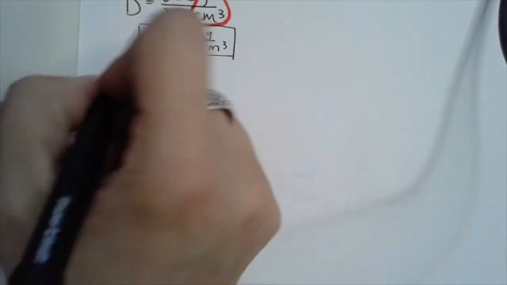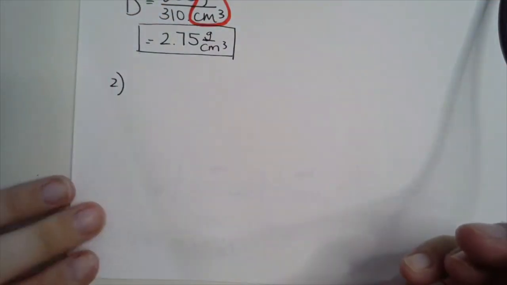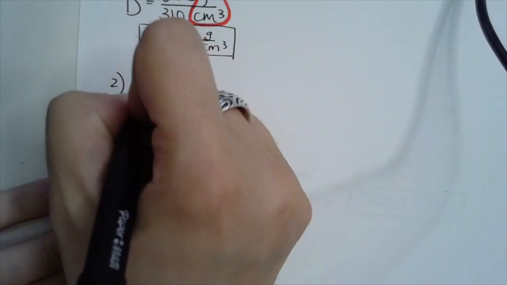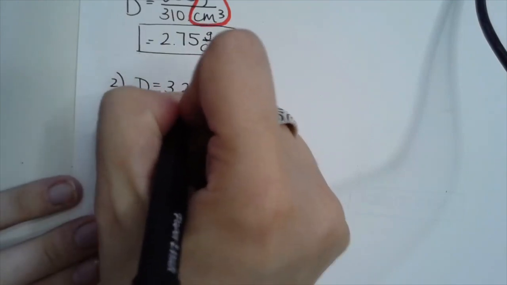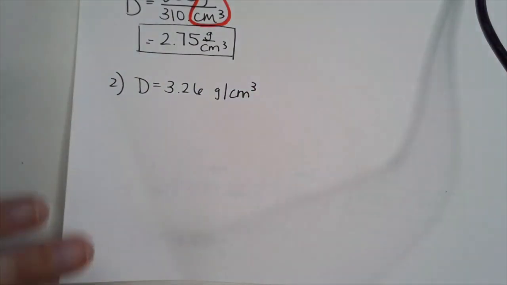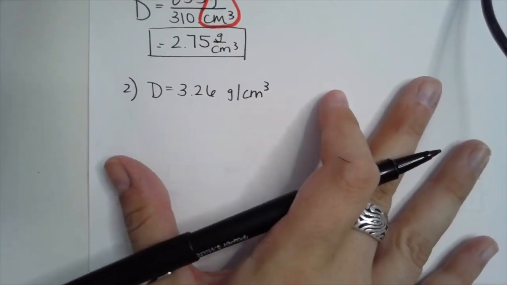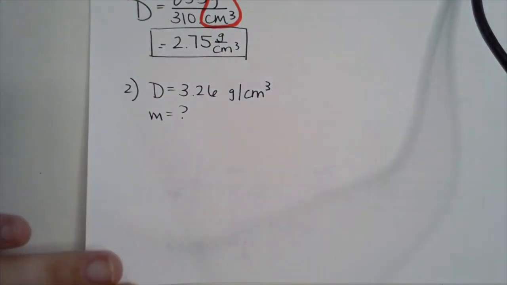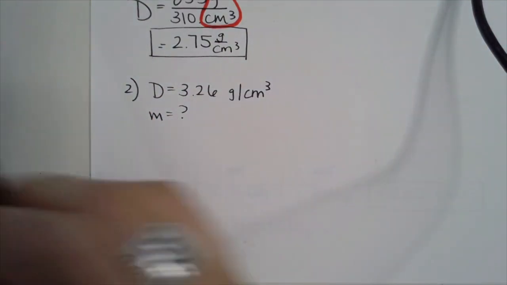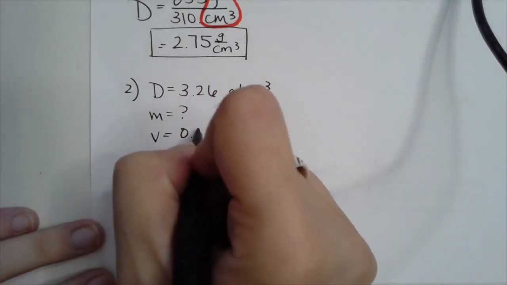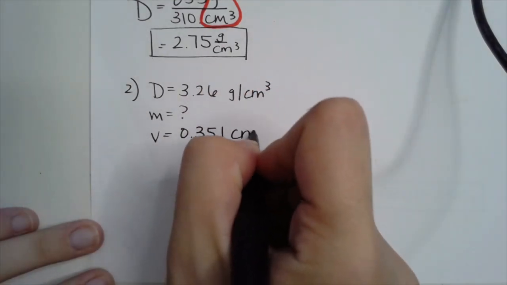Number 2 says, a diamond has a density of 3.26. So in here I'm given the density. Already it's a little bit different than the 2 we've done previously. What is the mass, so mass is what I'm trying to find, of a diamond that has a volume of 0.351 centimeters cubed?